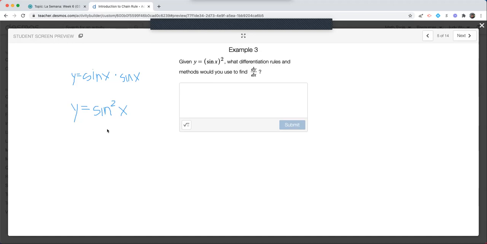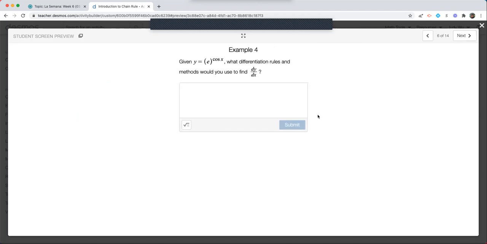If this is the first time you're seeing that, maybe go ahead and write that down: y equals sine x squared is the same as y equals sine squared x. We're definitely going to be using that a lot. Any questions about how we would approach example 3? Okay.